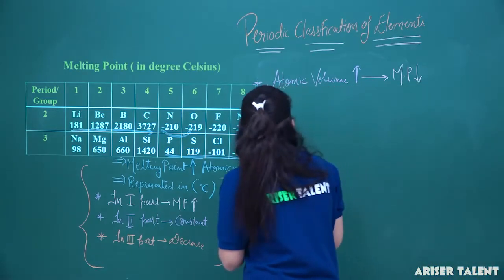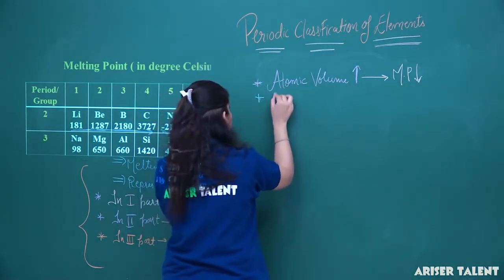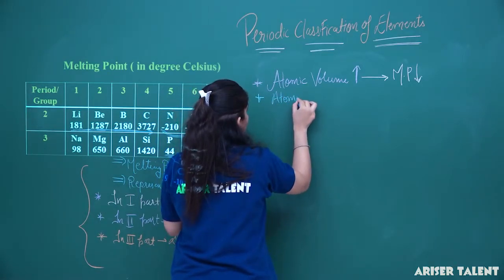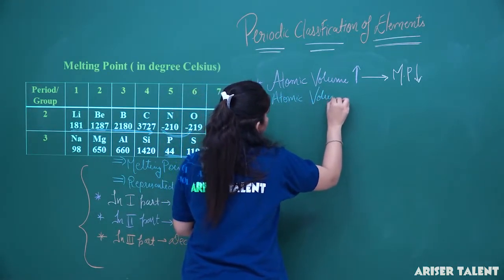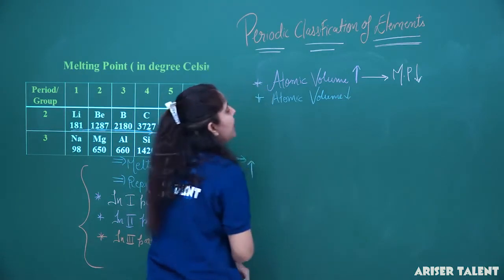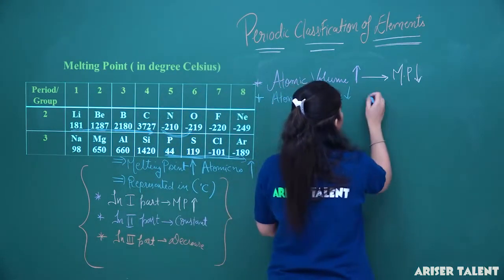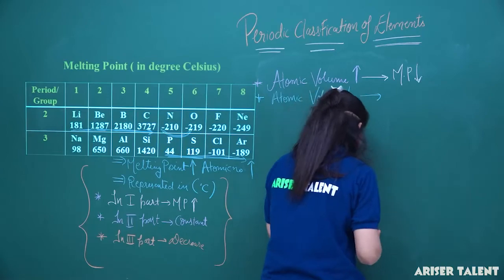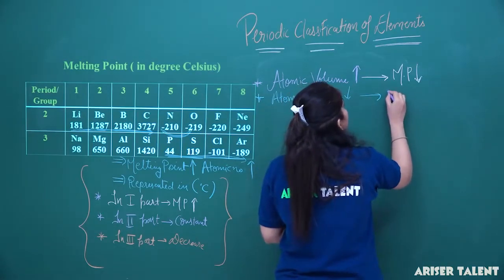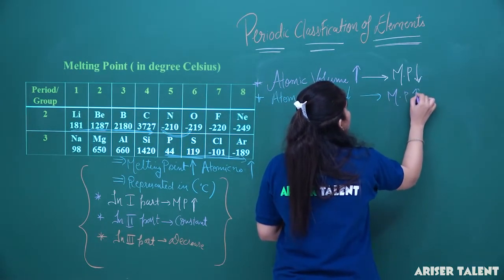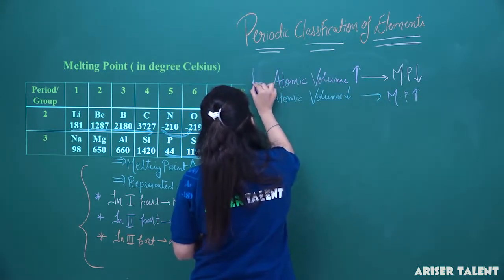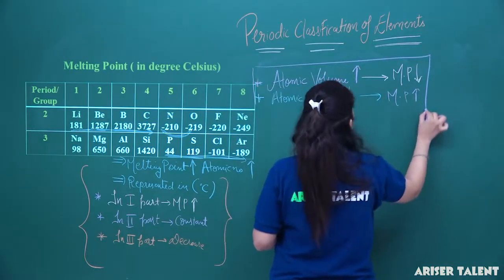It means if atomic volume is low, the melting point will be high. So this is the trend of atomic volume with melting and boiling points.